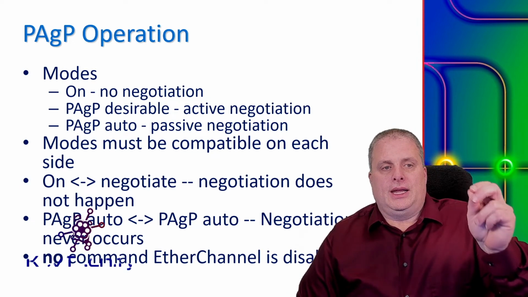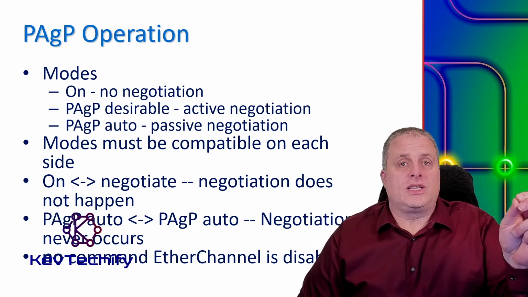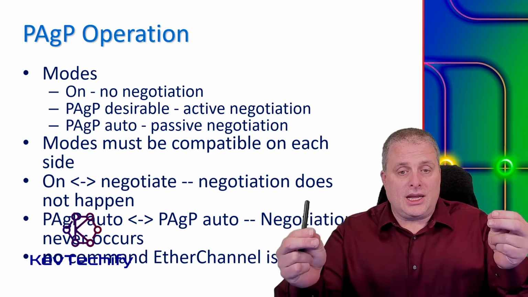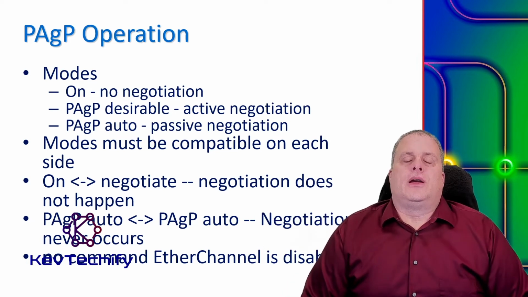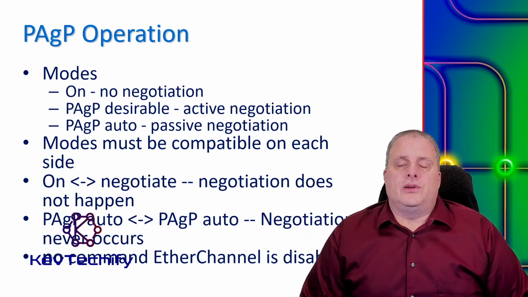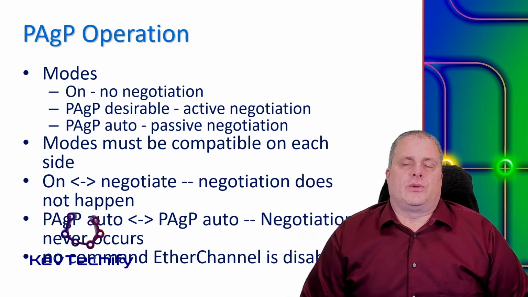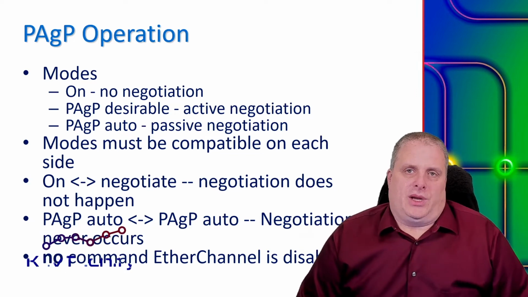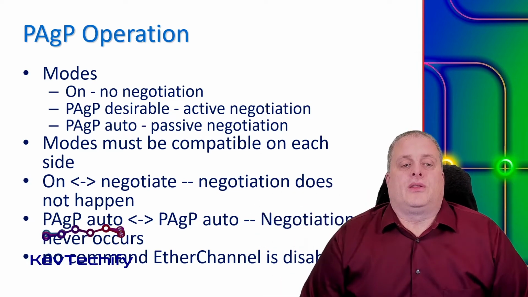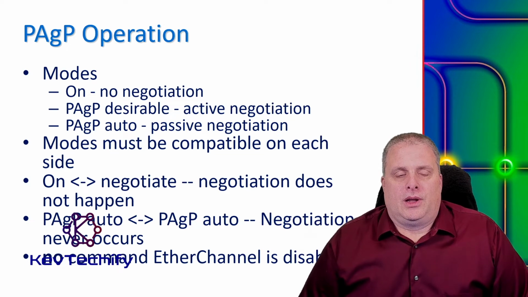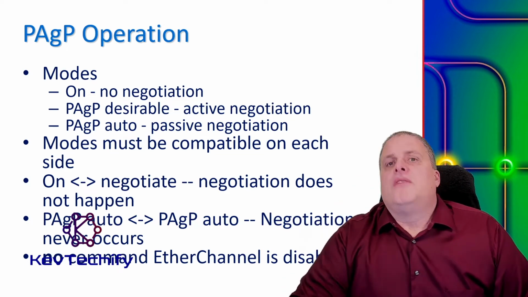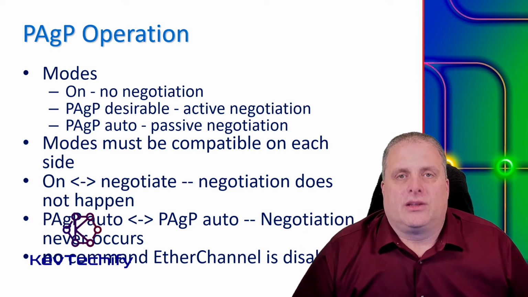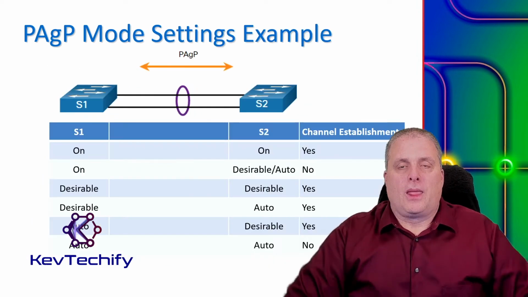If it's PAgP auto on one side and PAgP auto on the other side, the negotiation never happens because both sides are just sitting back saying, okay, if somebody wants to start the negotiation process with me, I'll negotiate, but I'm not going to start it myself. So both sides are sitting back like that, and it just doesn't happen. Of course, if you use the no command with the EtherChannel, then the EtherChannel is disabled at that point. Here's a chart.